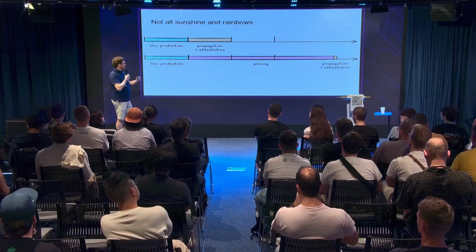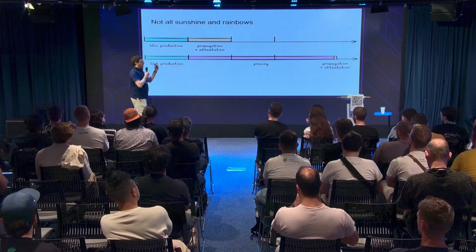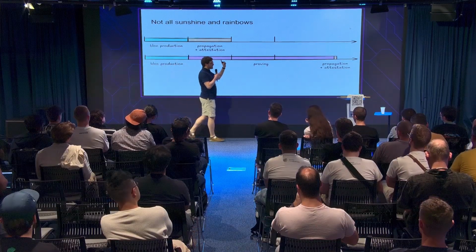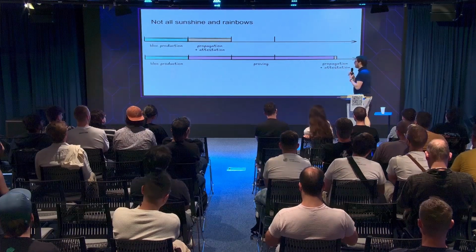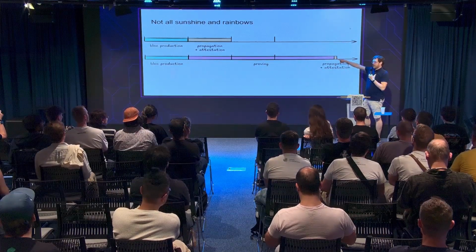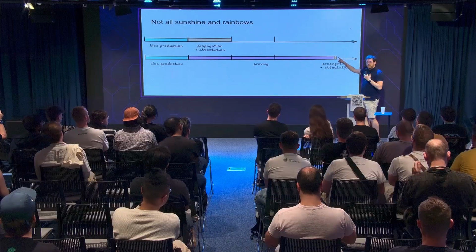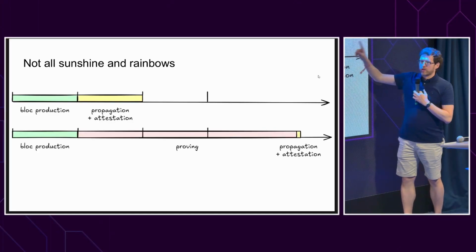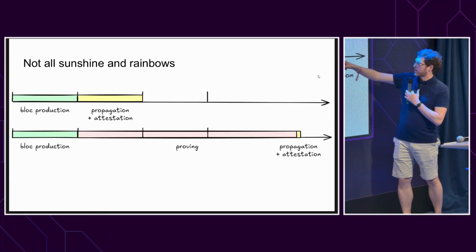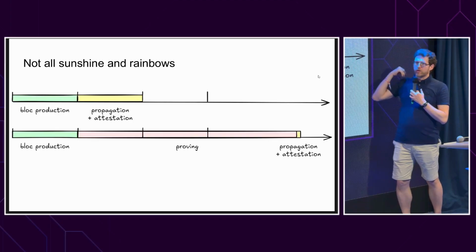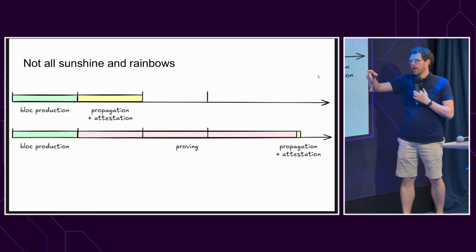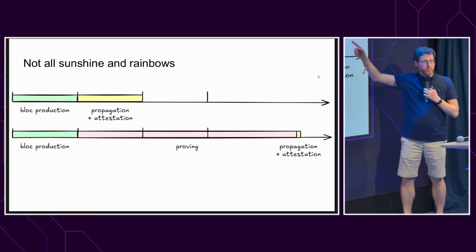They can play their timing games, they can do everything. And then you have the proving that starts, and then you do have the propagation plus attestation, which is very small, right? And the good news about this is that if you run this verification, it doesn't matter how many transactions you had in the block. This is pretty much the same time, which is where the scaling comes from.